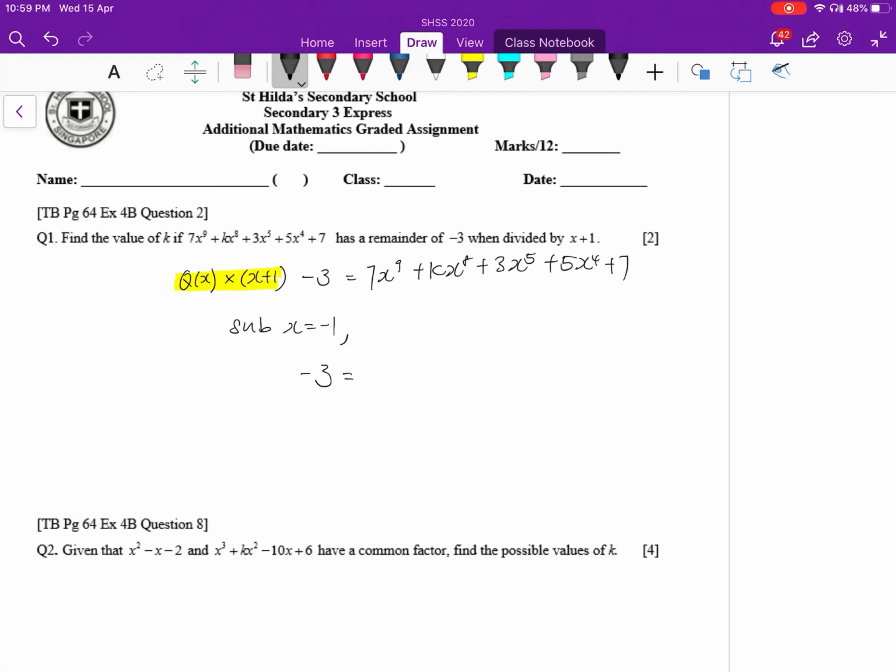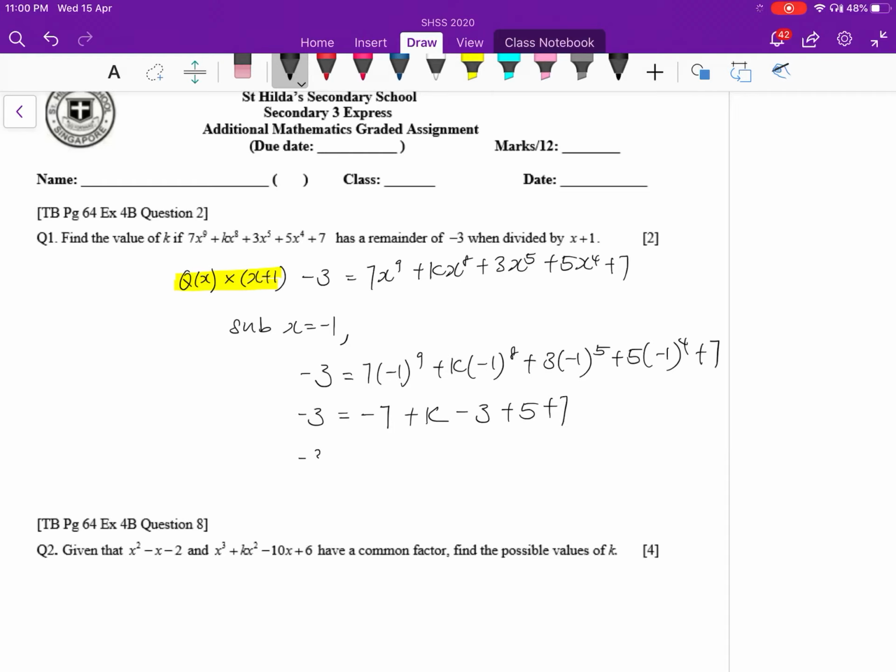And that will give us 7 times minus 1 to the power of 9 plus k times minus 1 to the power of 8 plus 3 times minus 1 to the power of 5 plus 5 times minus 1 to the power of 4 plus 7. Let's solve this now. Minus 3 equals to minus 7. 7 times minus 1 to the power of 9 is minus 7 plus k minus 3 plus 5 plus 7.